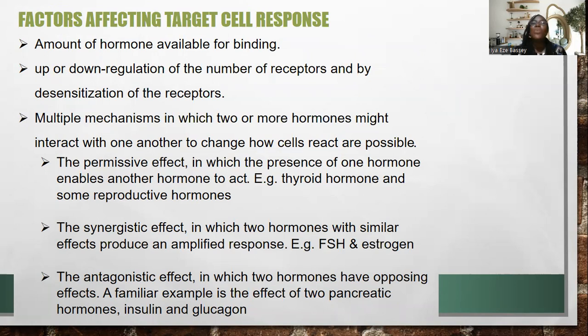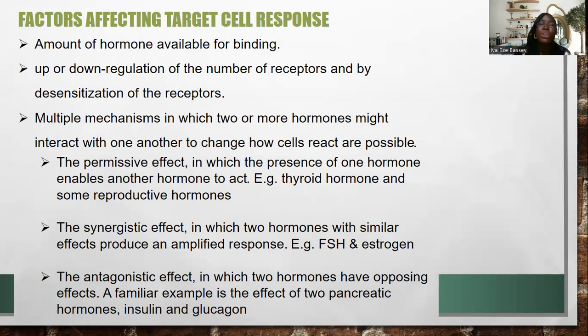The first thing is, what is the amount of available hormone for binding? If you have high levels of hormones, then you should have a high target cell response. If you have low levels of hormones, you should have low target cell response. If you have normal levels, you should have normal target cell response. So the amount available for binding determines the target cell response.